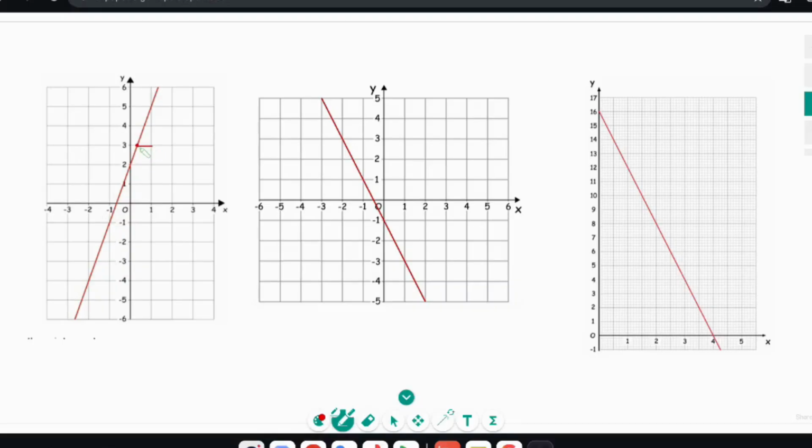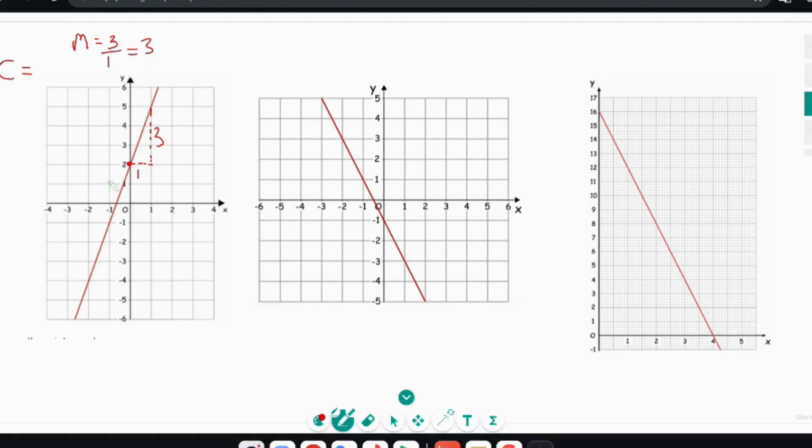Well, that's only part of a square. So let's go and find where it crosses our y-axis. It's here. So I'm going to go like this and like this to get my triangle. Got one square here, 1, 2, 3 here. So the gradient is height divided by base, 3 divided by 1, which is 3.